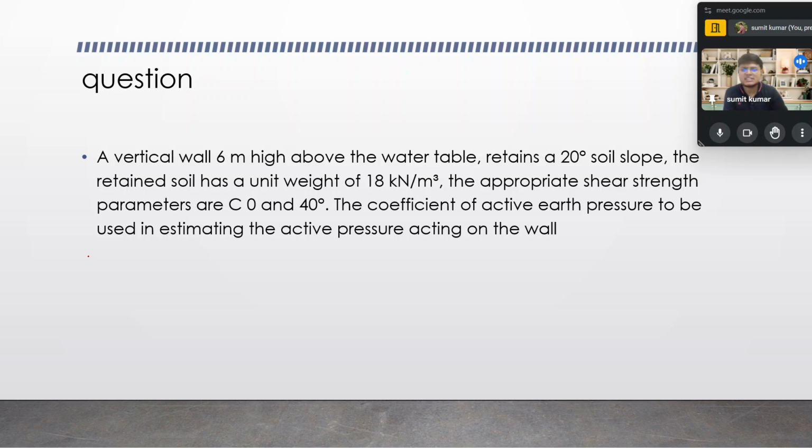Okay, so what is given over here? First of all, a vertical wall 6 meters high above the water table retains a 20-degree slope. So beta is given as 20 degrees, right?